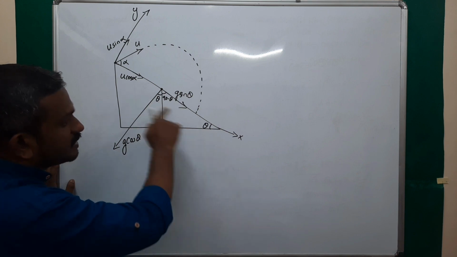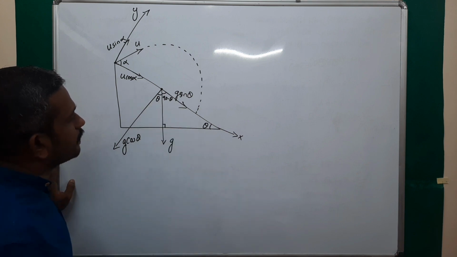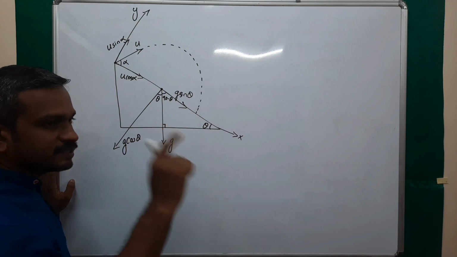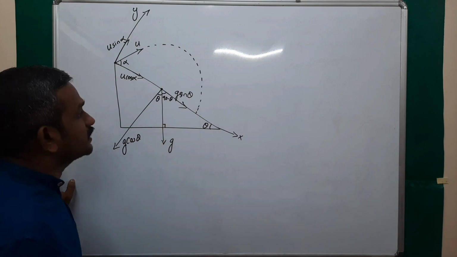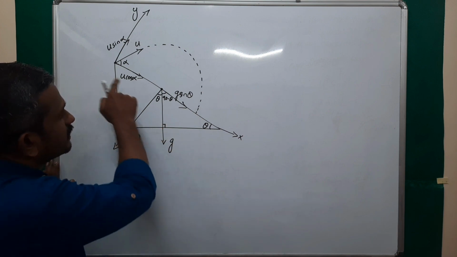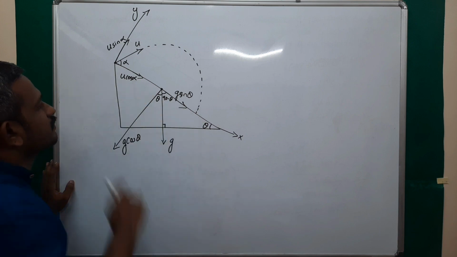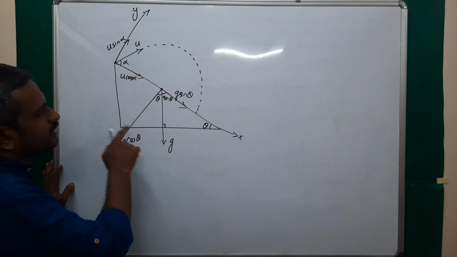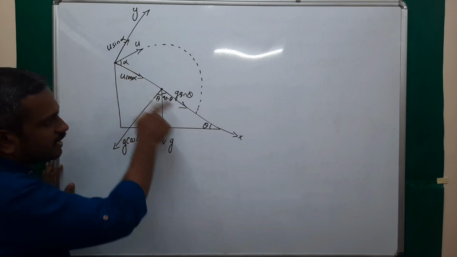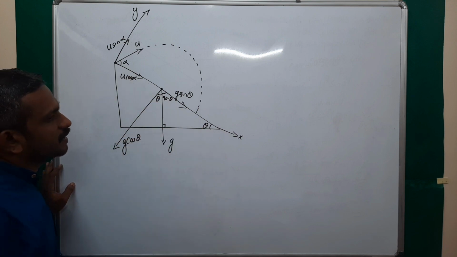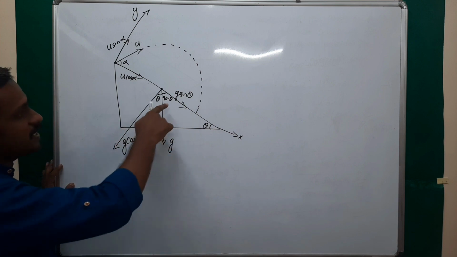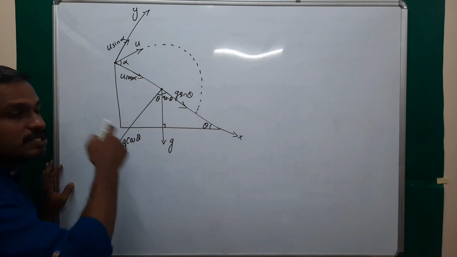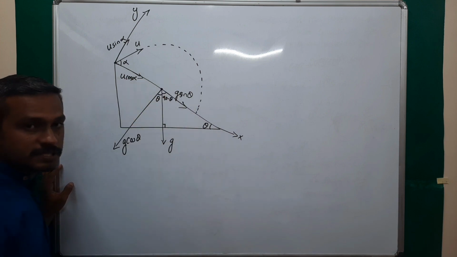But the horizontal acceleration in that case is a deceleration, that is minus g sin theta. In the previous case, g sin theta is acting opposite to the direction of the velocity u cos alpha. Here the initial velocity is acting in this direction, and g sin theta is acting in this direction.